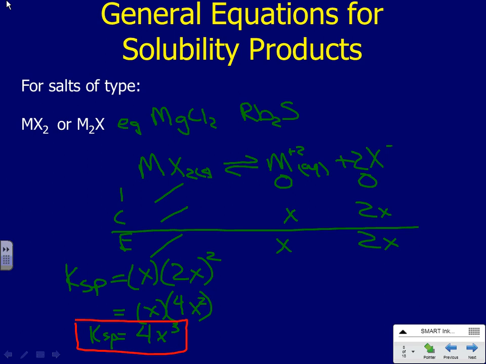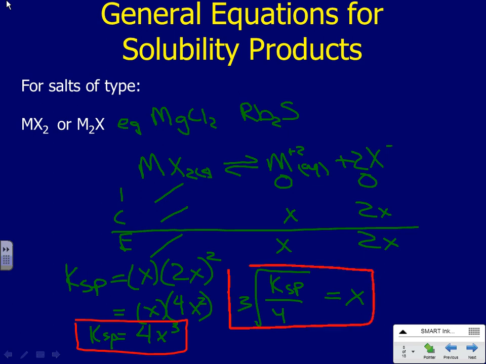If you're asked to find the molar solubility, what's it going to be? You guys are bright. What's that going to rearrange and solve to, Christian? Yeah, very good. Ksp divided by 4, because I bring the 4 down there, and it's a cubed root, and that is the molar solubility for an MX2.